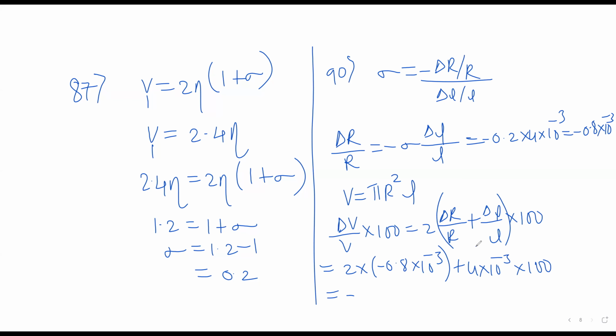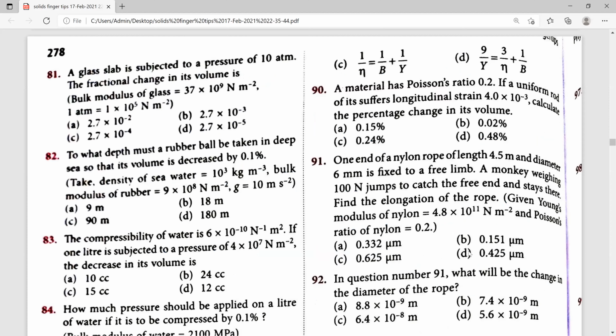So even simplify ಮಾಡಿದ್ರೆ ಎಷ್ಟು ಬರುತ್ತೆ, 2.4 into 10 to the power of -3 into 100. In terms of percentage, 0.24%. And according to this one, for 90th ಗೆ seat 1 is the right answer.